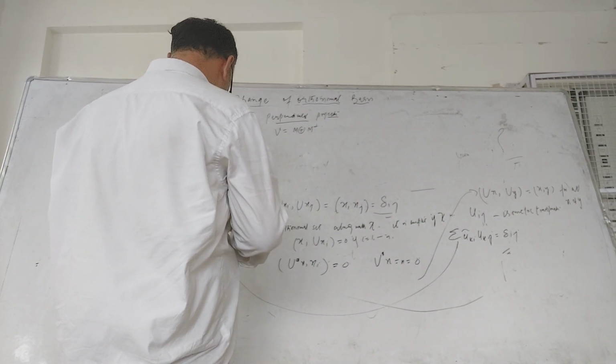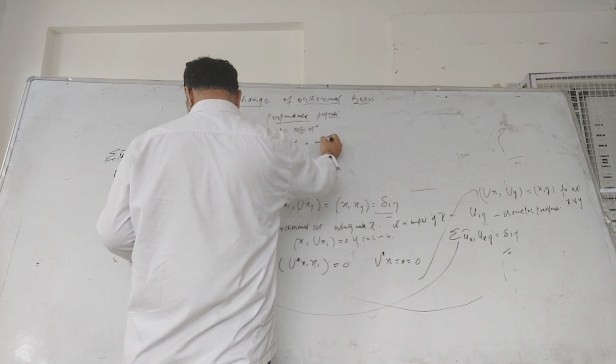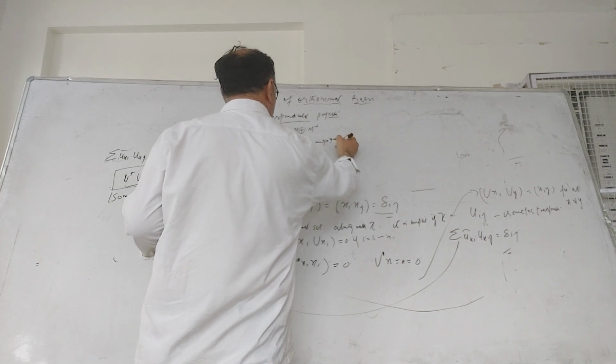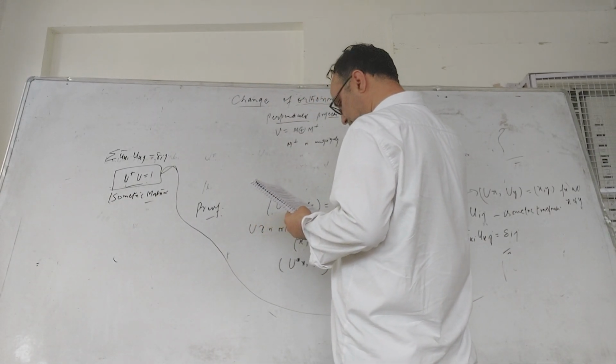The other is called M perpendicular, which is uniquely determined by a subspace.